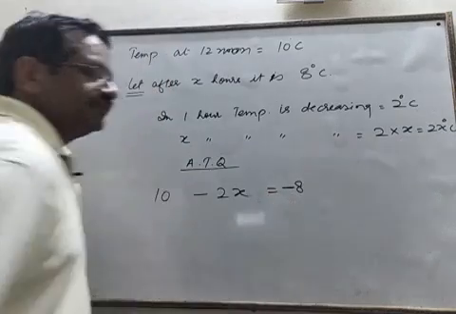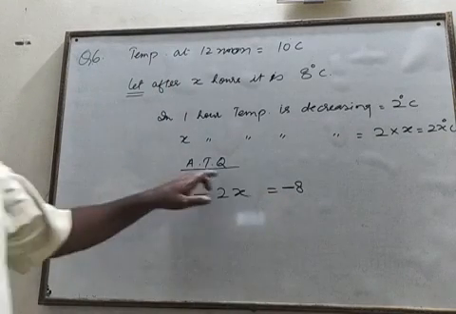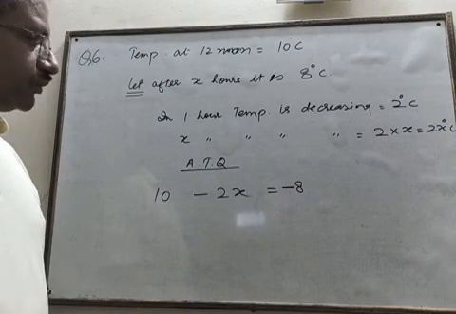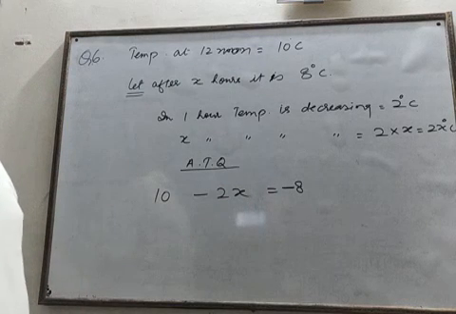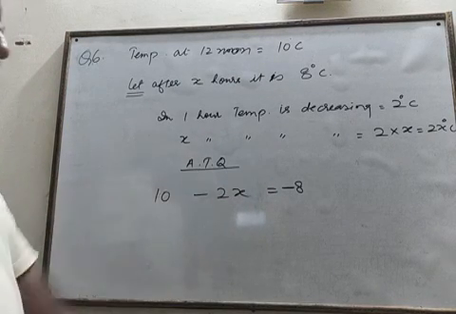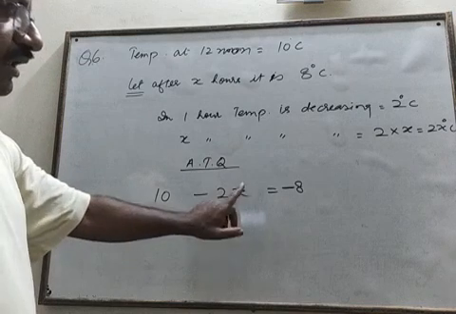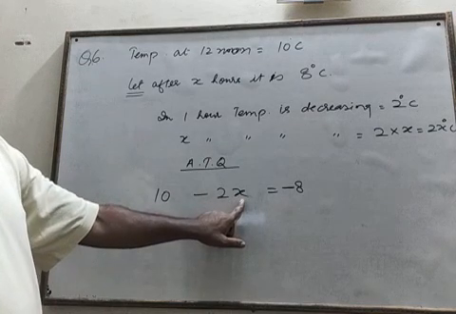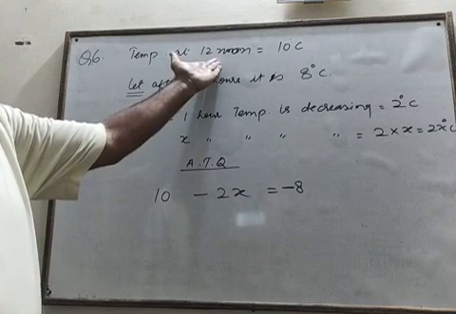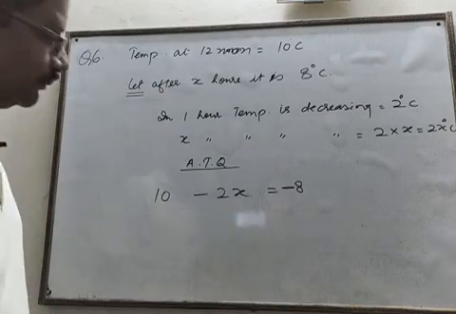We will put minus 8. So according to question, we need to find out the answer of this equation. We have converted the question in the form of mathematical language, that is equation. We will find out x. After finding out x, we will be able to find out number of hours. We will add the number of hours in 12 noon. We will get the time.